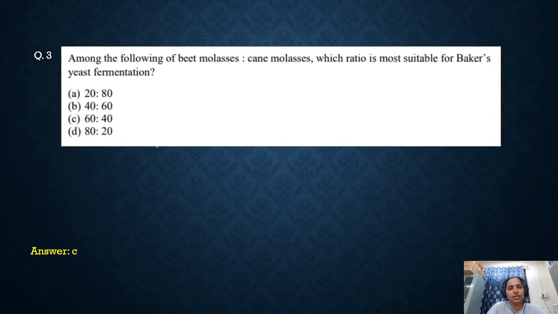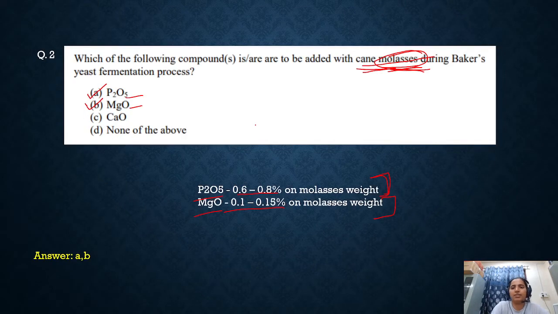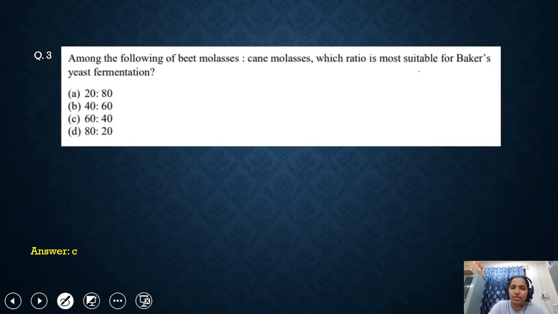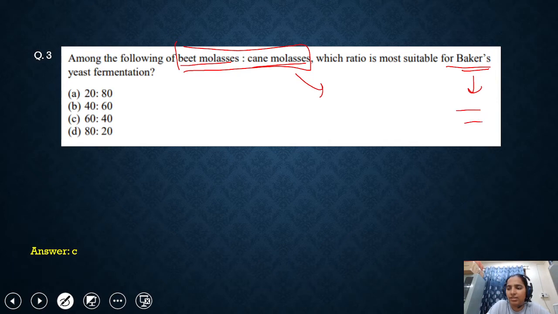Now coming to the third question. This is like among the following of beet molasses and cane molasses, which ratio is more suitable for baker yeast fermentation? Previously we studied about the cane molasses, what are the compounds required. So similarly beet molasses is also used for the fermentation. So they are used in a particular ratio, and this ratio is really important to make it more suitable, because the application of this baker yeast in different industry varies using this.